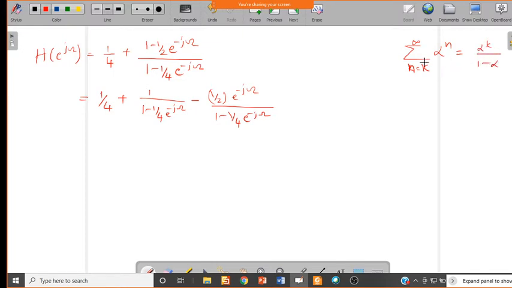Here the k value you can take from 1 to infinity, so this can be easily resolved. Now we can write this as 1 by 4 plus 1 minus 1 by 4 e power minus j omega plus, now the term 1 by 4 is there, so I want to get the same as the alpha value.